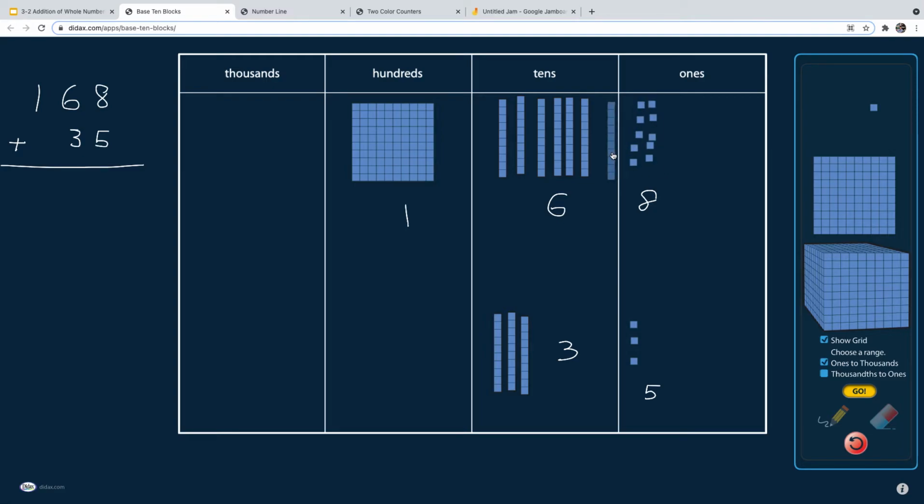So I'm gonna add this one here, and I can delete all of this. I'm just regrouping it or trading it. Okay, right? And I can erase this too.